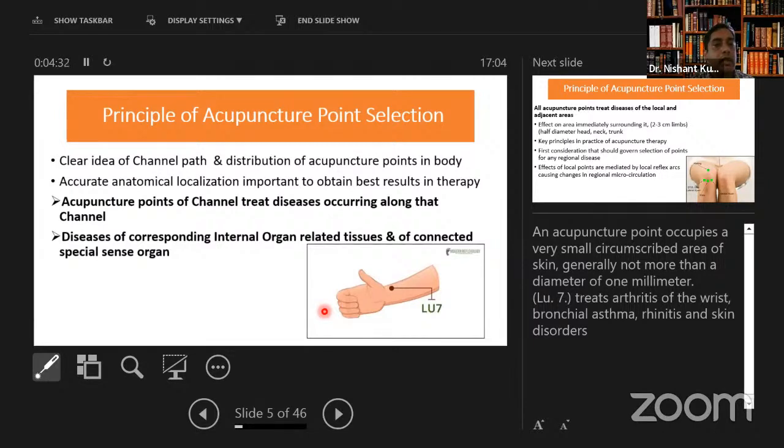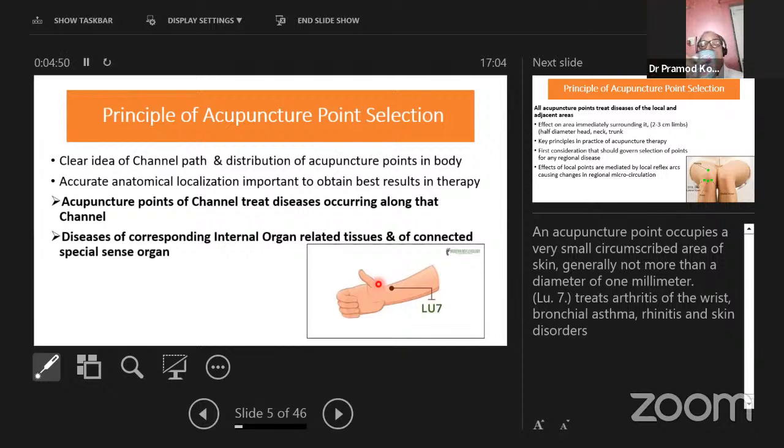Acupuncture points of a channel treat the disease occurring along that channel. If you see this point, Lung 7, it may be useful in lung conditions because it is a lung channel. It may also be useful, because of its location, in wrist arthritis.